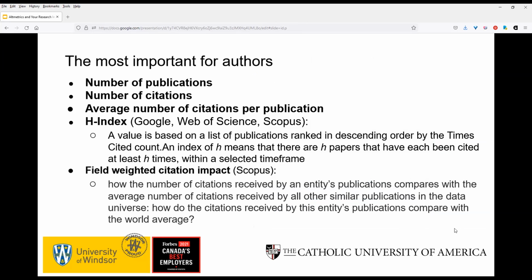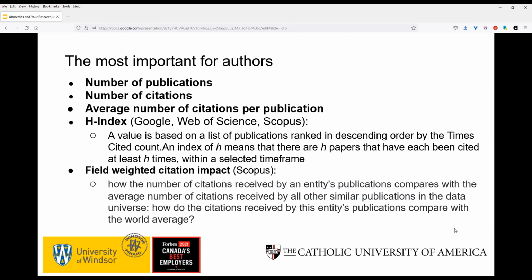So thinking about some of these traditional metrics, let's just elucidate some of the most important ones. The first set, when you're doing any kind of analysis, is your publication set.